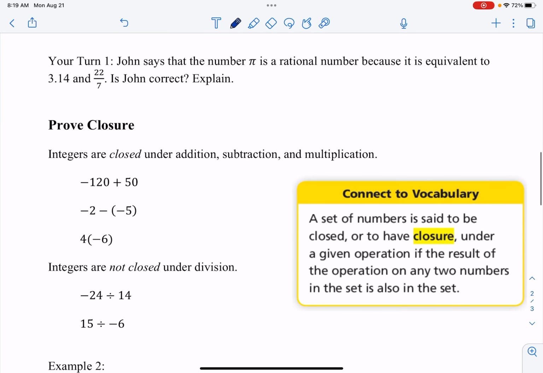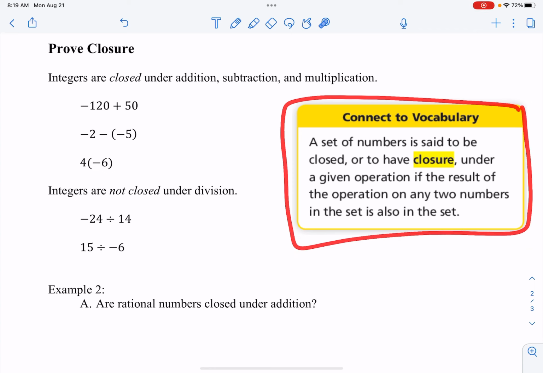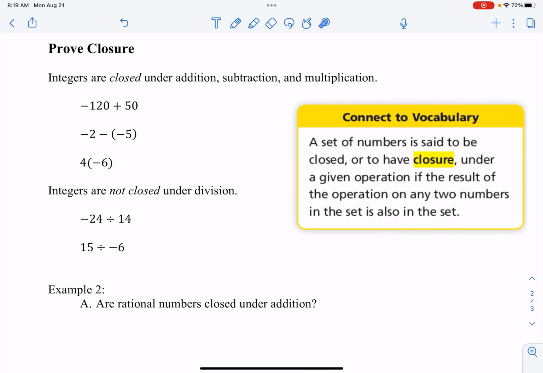Okay, now that you're done with that your turn problem, we need to talk about something called closure. A set of numbers is said to be closed, or to have closure, under a given operation if the result of the operation on any two numbers in the set is also in the set.